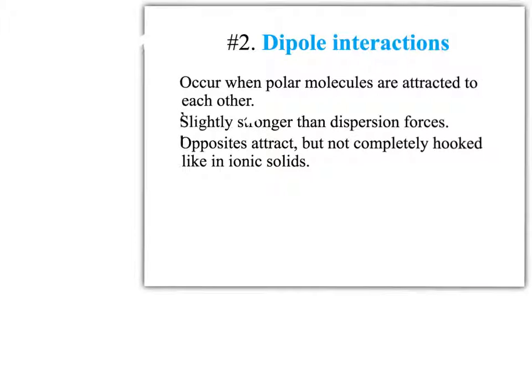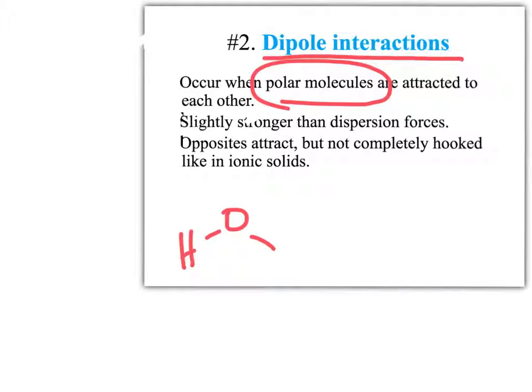The second kind of attraction is called dipole interactions. Now, dipole interactions have to do with not just the random motion of electrons, but when molecules are already polar. In other words, when we look at water, we said that water is an example of a polar molecule. The oxygen is slightly negative, and the hydrogens are slightly positive all the time. So this is not random motion of electrons.